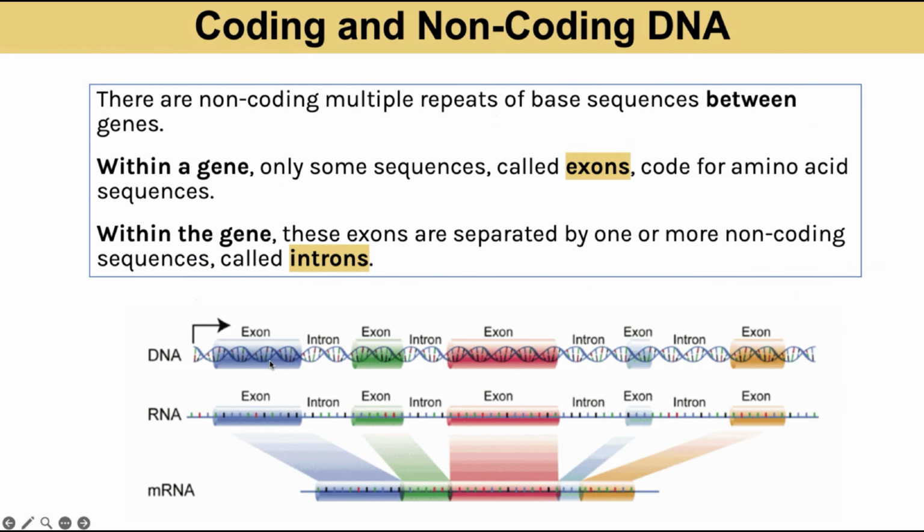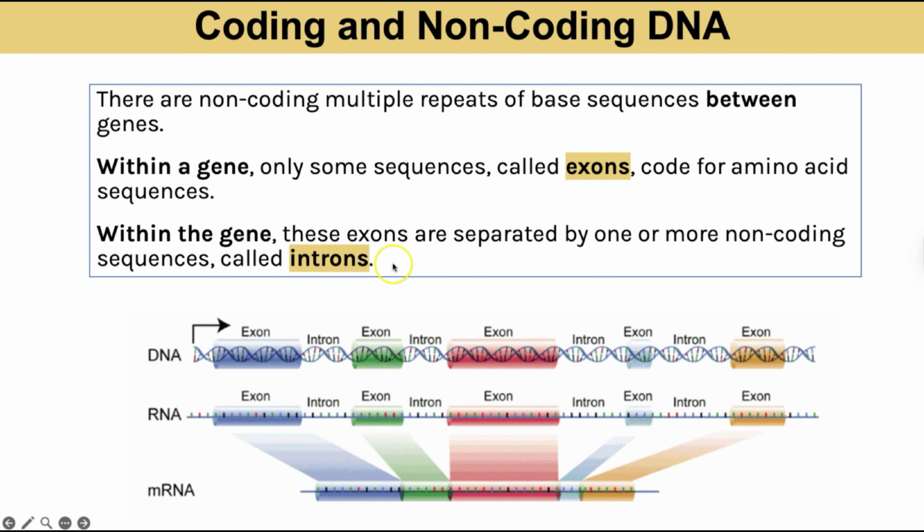So 2 other key concepts are knowing what coding and non-coding DNA is within your DNA. So there are non-coding, multiple repeats of bases that you find between genes. But in addition to that, within a gene, you do also have sections that code and sections that don't. So within a gene, only some sequences, and these are the exons, code for amino acid sequences.